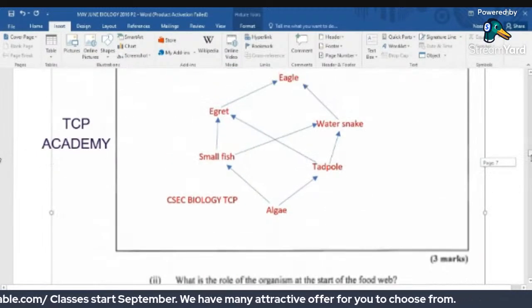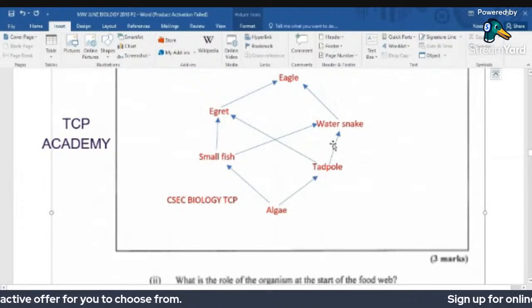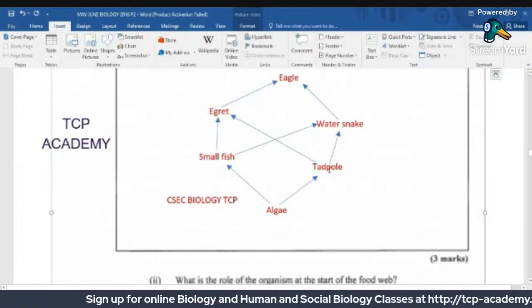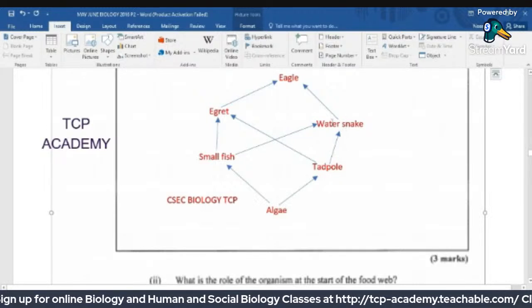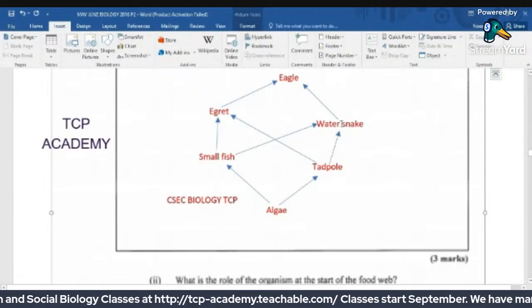To be a predator and a prey, it must have two arrows: an arrow leading to it and an arrow leading away. So this organism, the snake here, is a predator to the tadpole, while it is prey to the egret. You're seeing here it falls within the middle of two arrows.